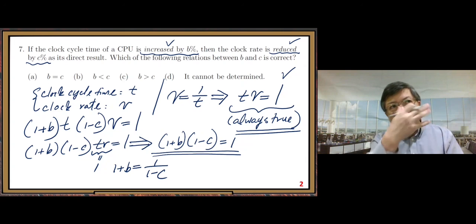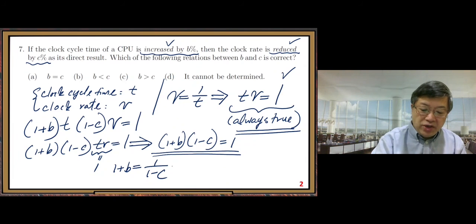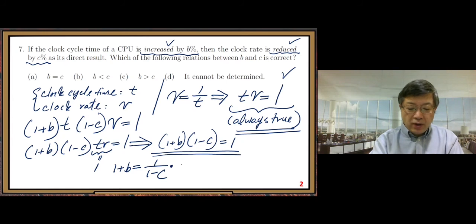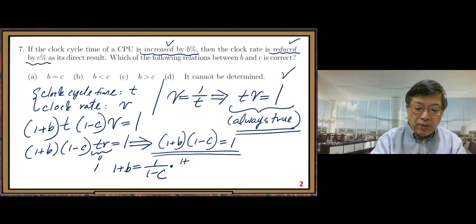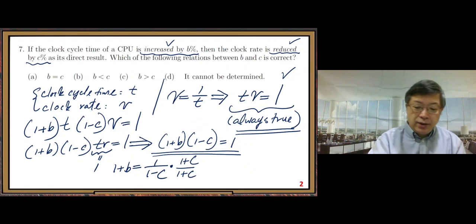We want to change the form of the formula. We multiply by 1 plus C over 1 plus C. That's the same number, but we make some important change. The denominator becomes 1 minus C squared.